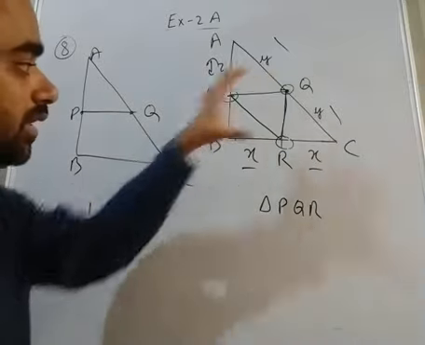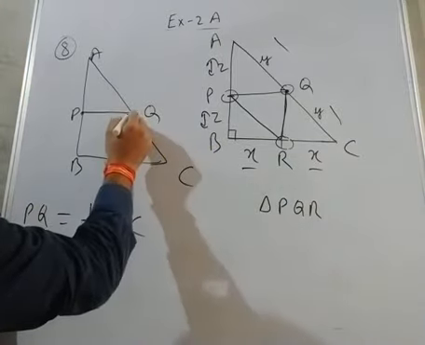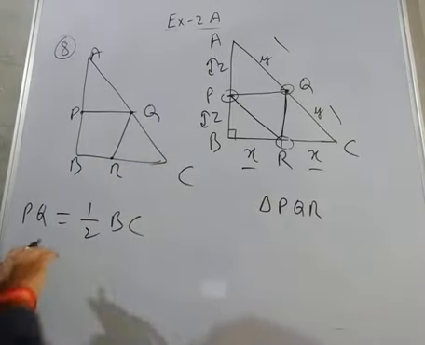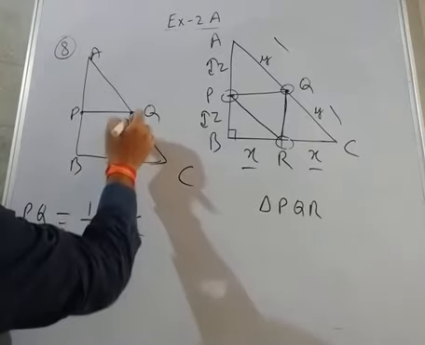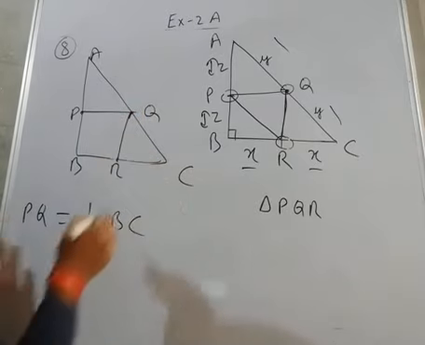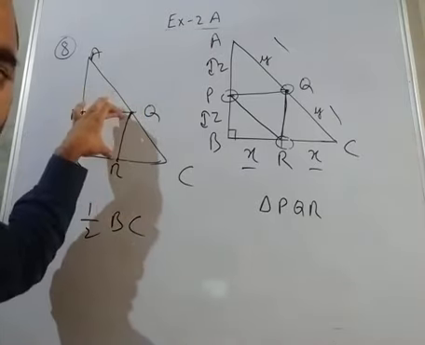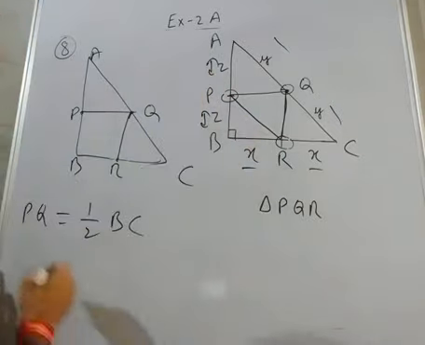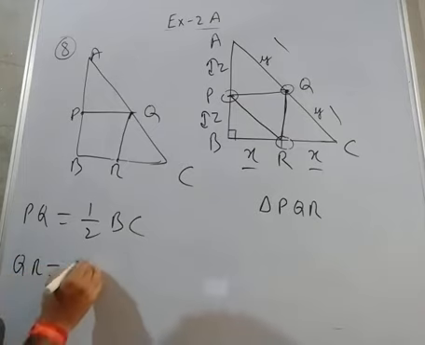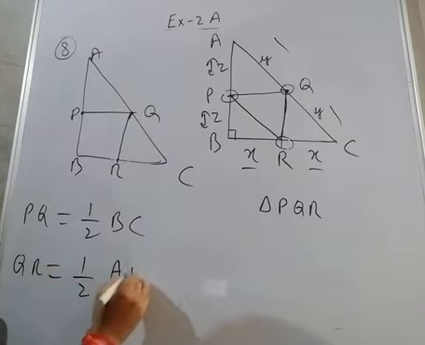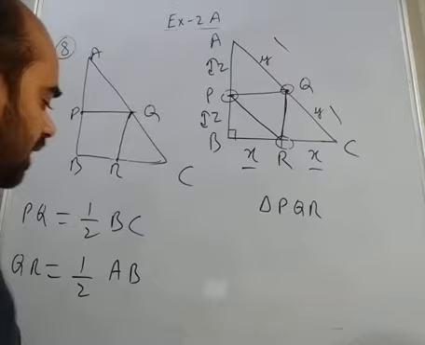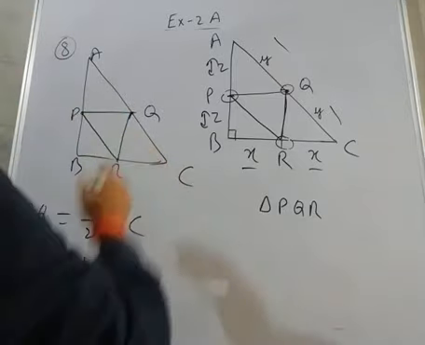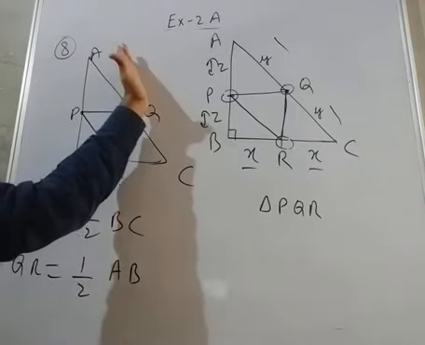Similarly QR. Q and R are the midpoints, so this will also be half of the opposite side. It means QR will be half of AB. And the third one, if we join P and R, the opposite side is AC.